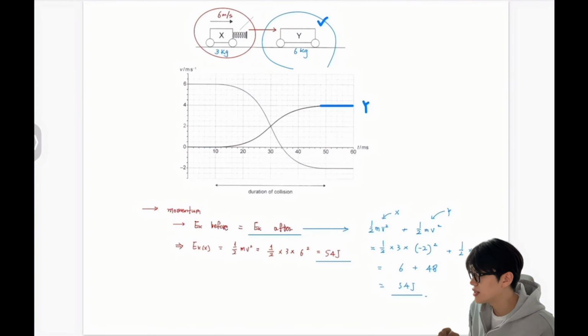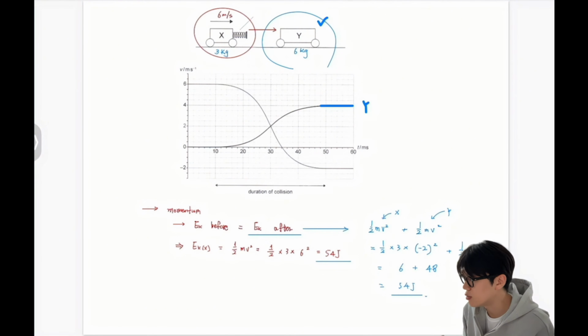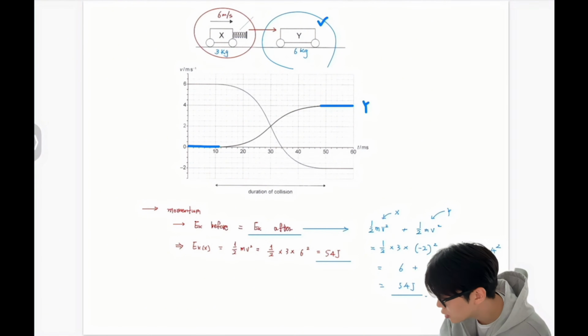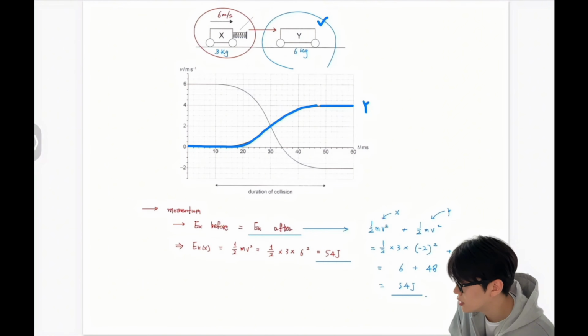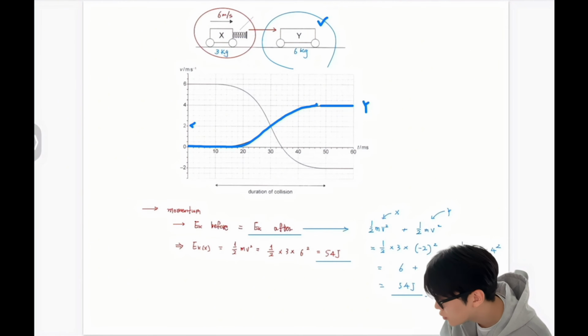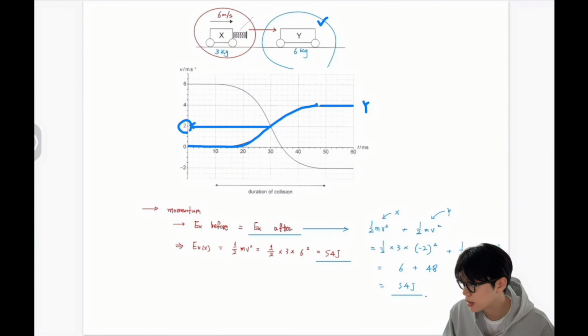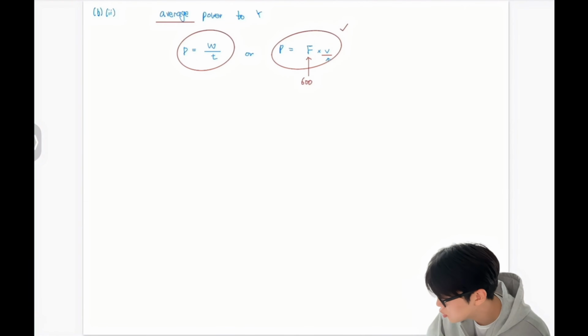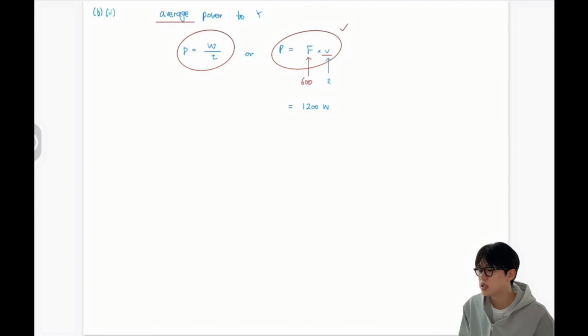So because it's average power, I think we have to use the average velocity between 0 and 4, okay? So during this process, we have to see what's the average velocity. The average velocity is, of course, something in the middle, so we have to use 2 meters per second for V, okay? So we substitute 2 meters per second here, and that goes to 1,200 watts for question B2.